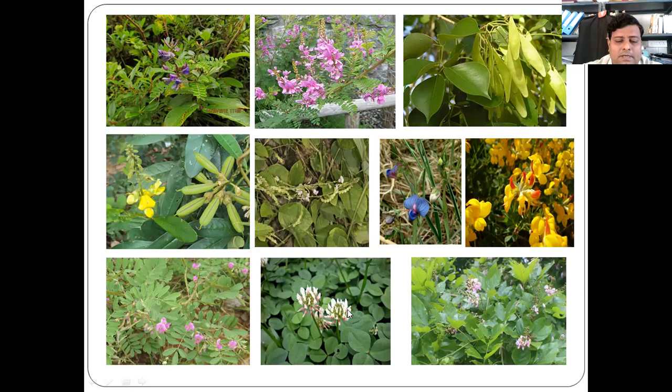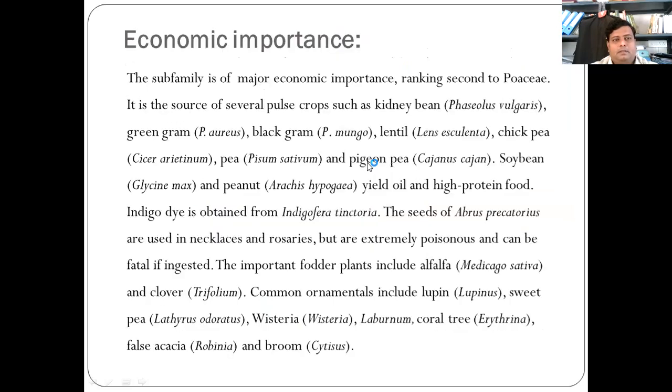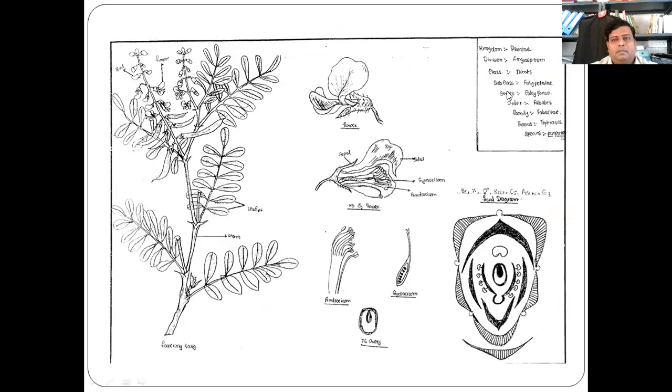This is commonly called white clover. This is Pongamia pinnata, also known as the Karanj tree. So here is the description that I have given in this PowerPoint. You can read it, and some of the economic importance that we discussed earlier.